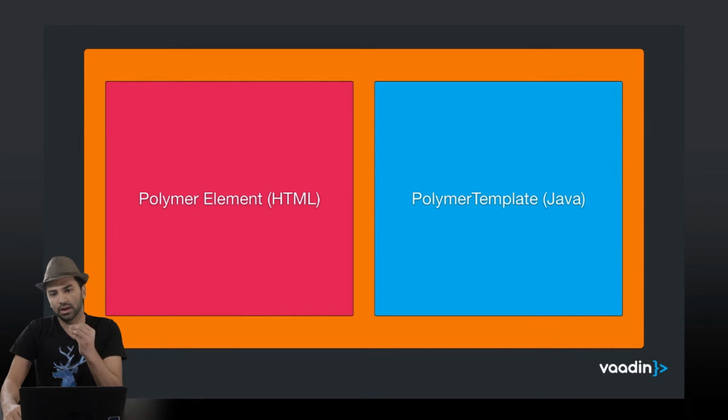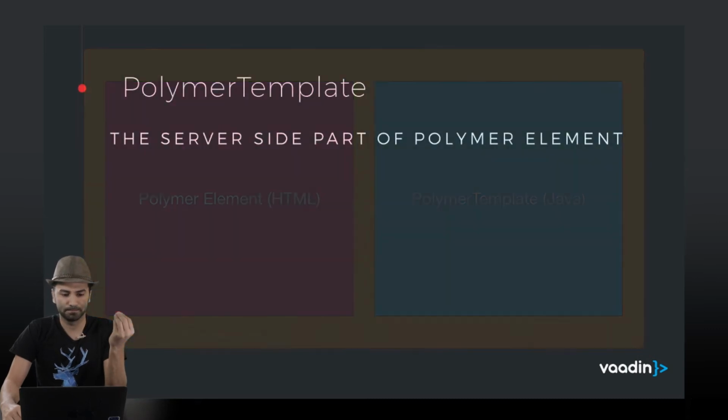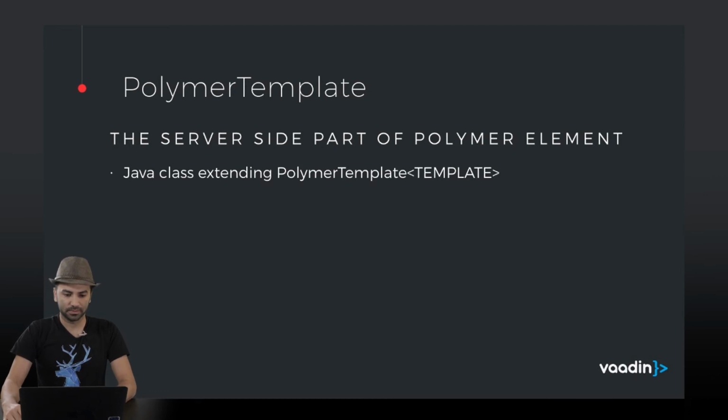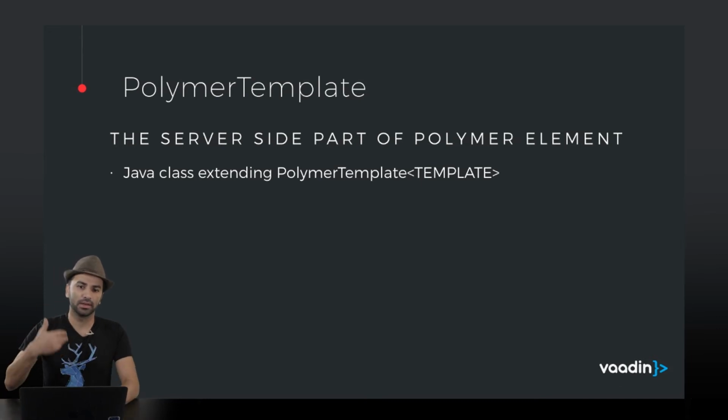But what I'm going to focus on is how to create the server side template to be able to communicate with the client side. For the server side part of the Polymer element, you need to create a class that extends a Polymer template. And this is how you introduce to Flow that you are trying to communicate with a template that is written in HTML or some client-side code.